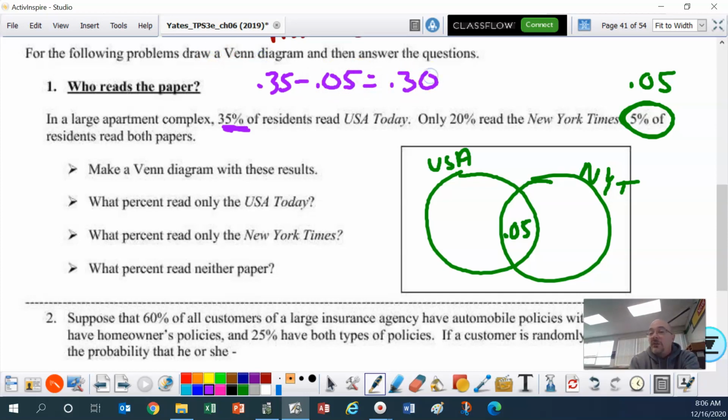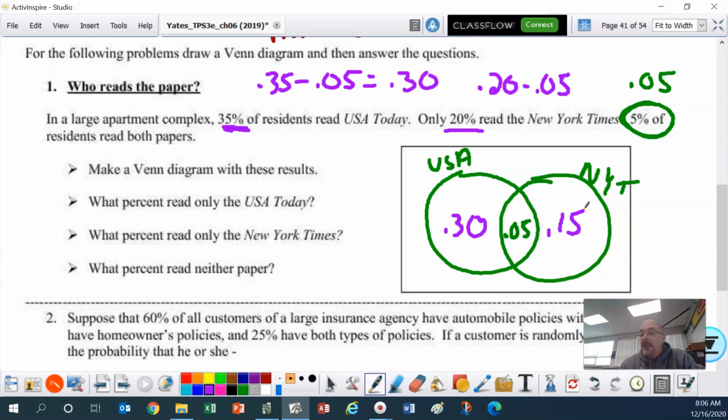The rest of the circle will be 0.30. Same thing with the New York Times. There's 20% for the New York Times, but you already have the 5% in that circle, so you have to take that out. That's going to be 0.15.